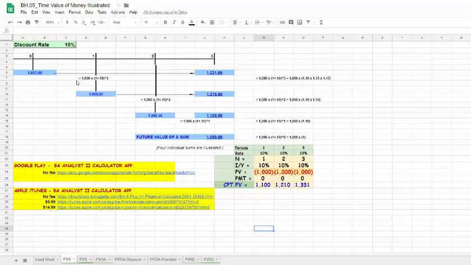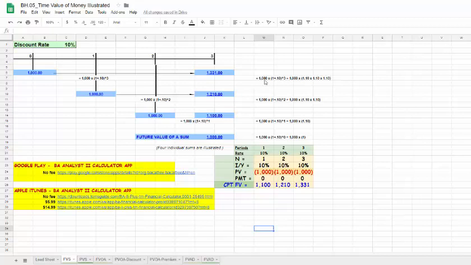amounts. Going one step further, if you put away $1,000 for 3 years, you would accumulate $1,100 at the end of the first year, $1,210 at the end of the second year, and then 10% more would allow you to accumulate $1,331 at the end of the third year.